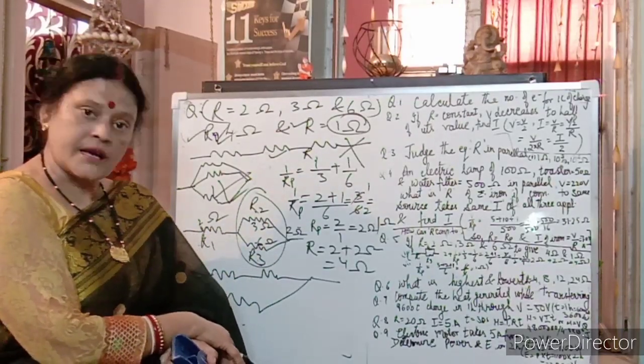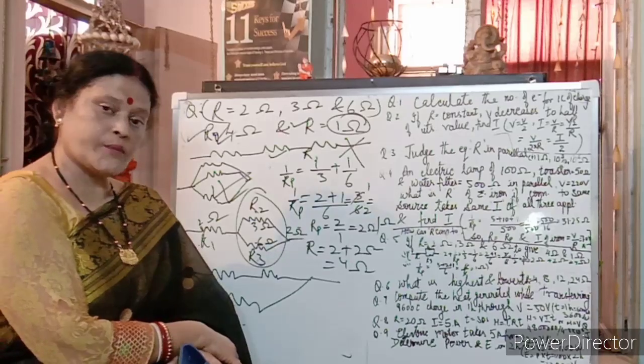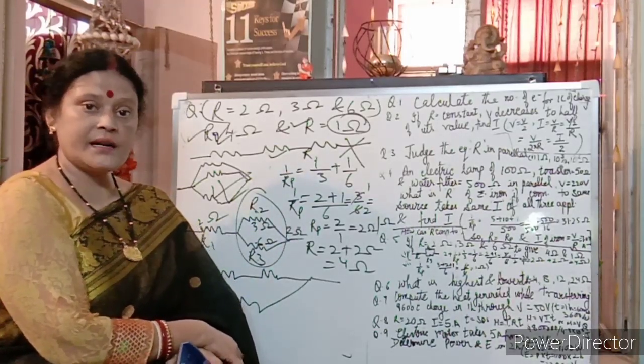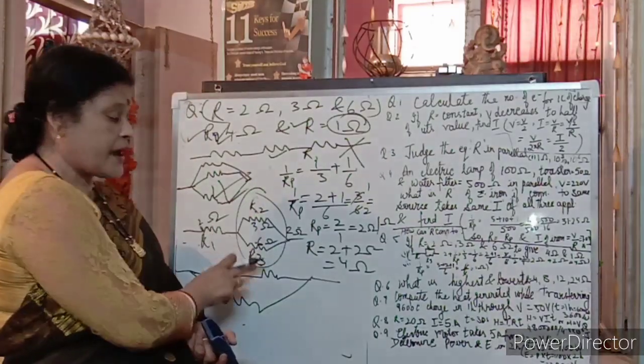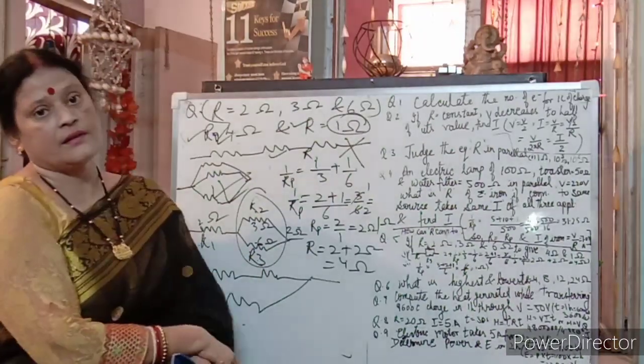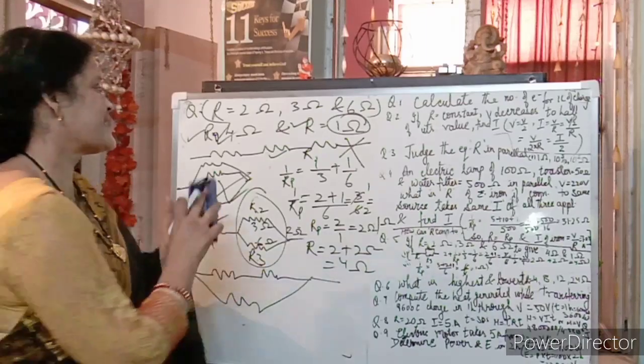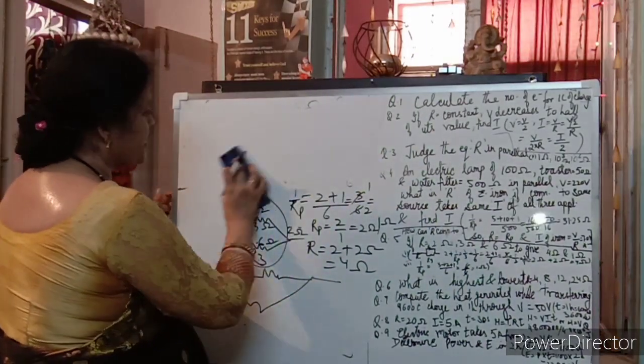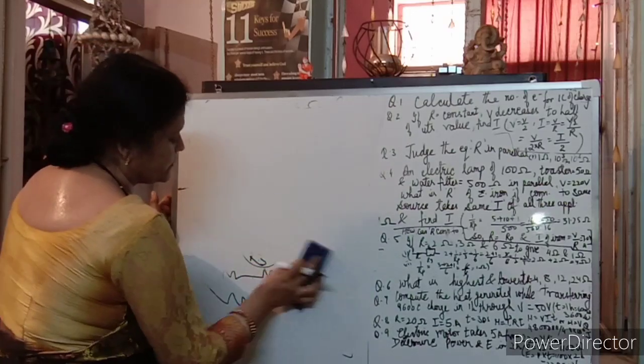Rough sheet you will use for this. So what are the 4 possibilities to solve this kind of numerical? First all in series, second all in parallel, third 1 in series 2 in parallel, and 2 in series 1 in parallel. Right? So this is another type of numerical. These are all different patterns of numerical in your NCERT book.